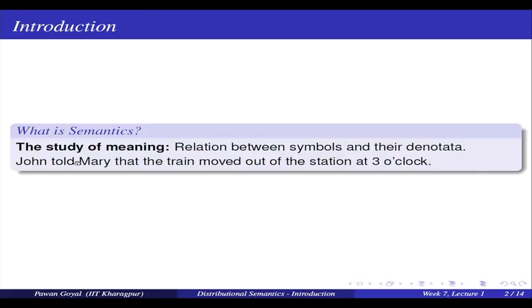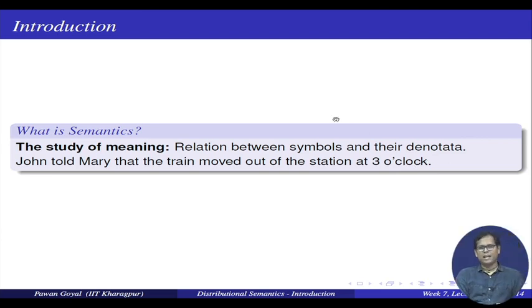Here, suppose I have the sentence, John told Mary that the train moved out of the station at 3 o'clock. A sentence in natural language contains multiple words. We know how to tokenize them and how to find out the morphological tags and maybe also the syntax and different representations.